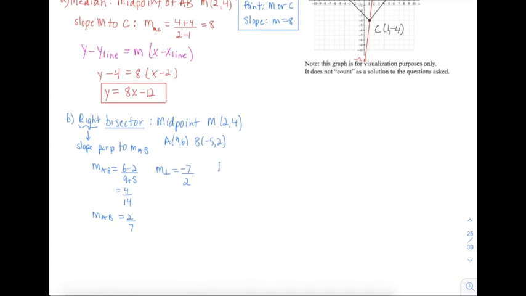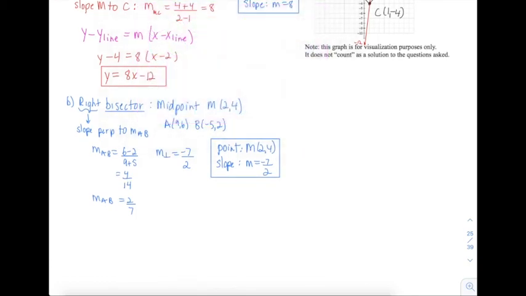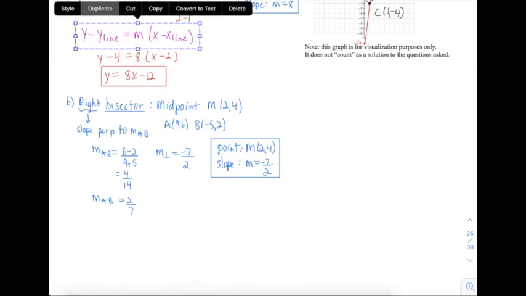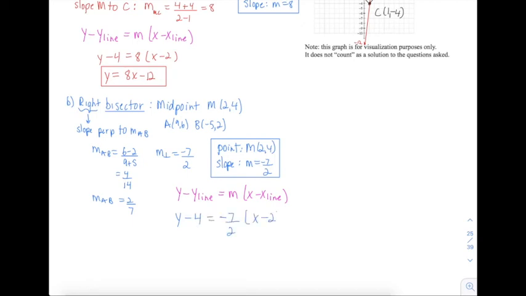So my point has got to be M (2, 4), and my slope has got to be m equals negative 7 over 2. So this is what's going in my formula. y minus 4 equals negative 7 over 2 times x minus 2.